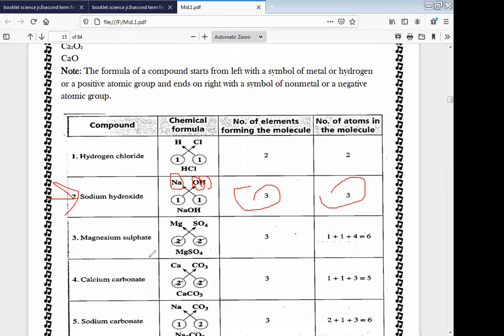Okay? Here, the number of atoms is not equal to the number of elements: Mg is 1 element, S2O3. So the number of elements is 3. The number of atoms: 1 Mg, 1 S, and O4, so 4 oxygen. So 1 plus 1 plus 4 equals 6. This is the chemical formula. Do you understand this point or not, middle one? Understand this?